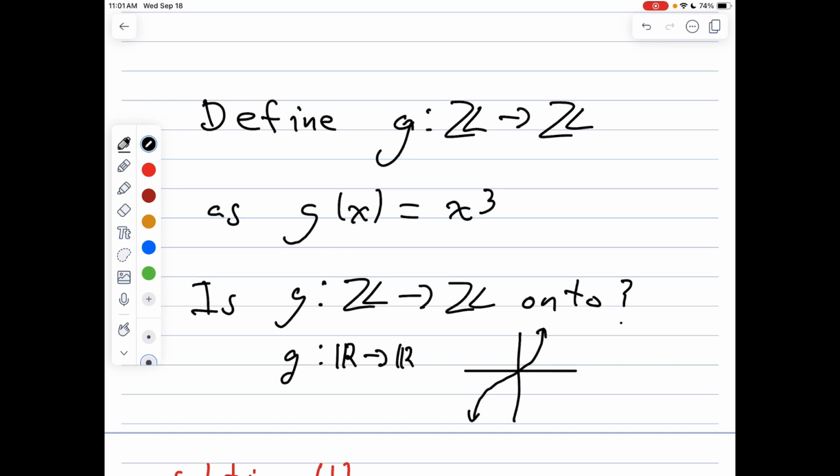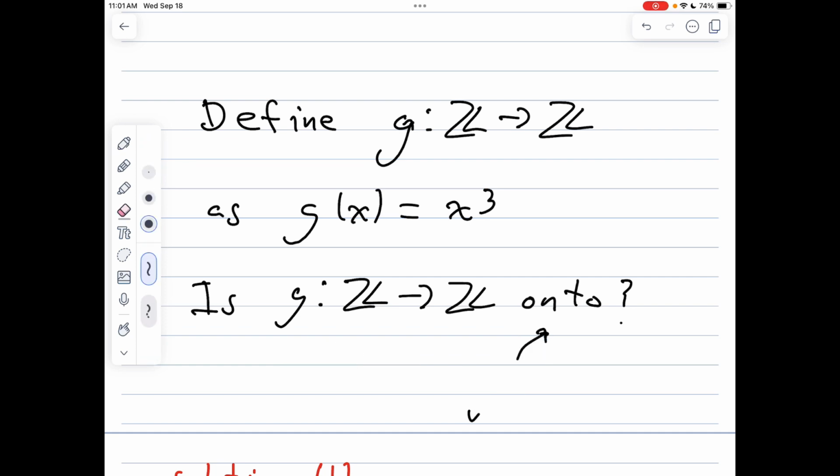I'll get into what onto means in a second, the formal definition. But I just wanted to refresh what some people might have seen in an algebra or calculus class, that this function is onto, and it's 1-to-1 as well, with the real numbers. However, that is not always the case when you change the domain and the codomain here.